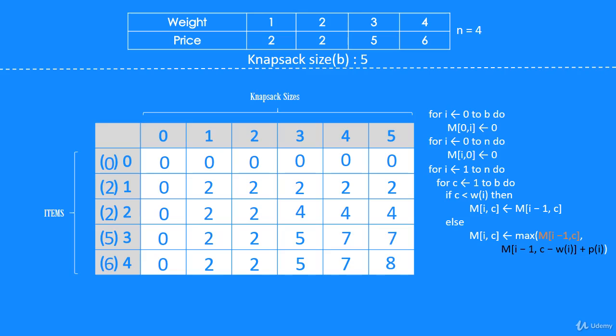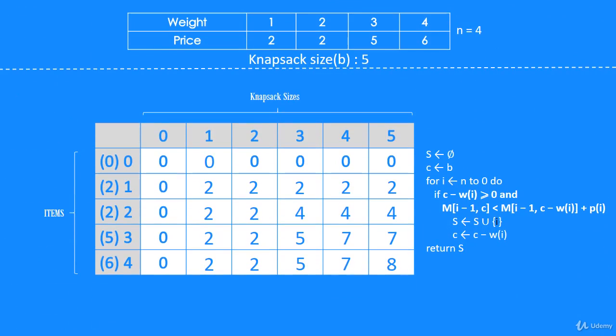For a knapsack of size 5, if we can take any combination of these 4 items, we get at most a price equal to 8. Now, if we want to figure out what items we should take, we start from the right bottom cell and compare this cell to the cell above.